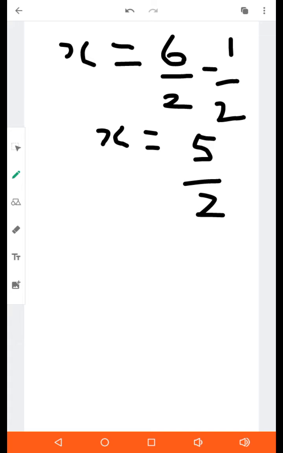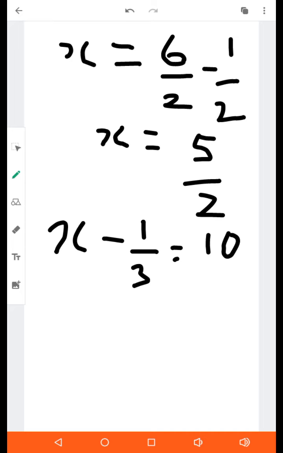Let's take another one, x minus 1/3 is equal to 10/3. So over here we need to find the additive inverse of negative 1/3, which is going to give us 1/3. So we add 1/3 to both sides.